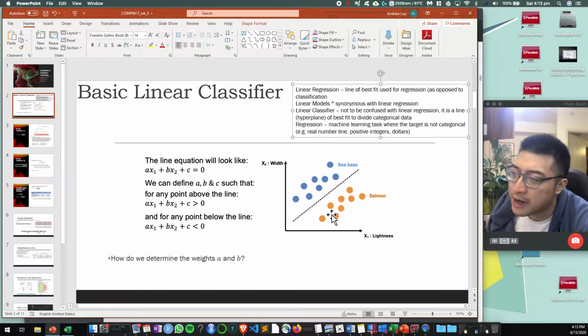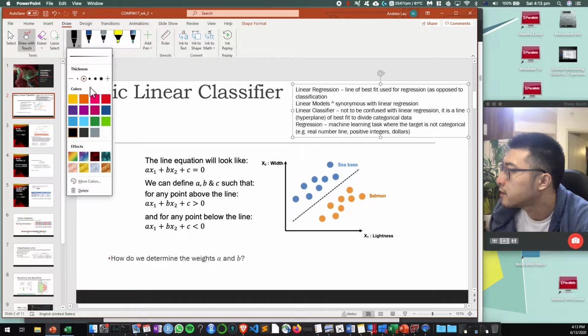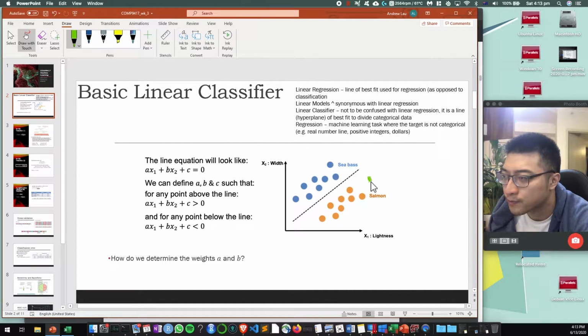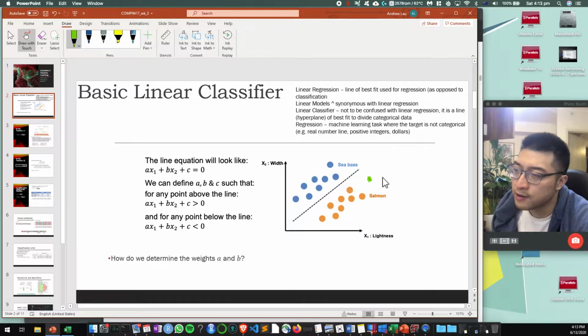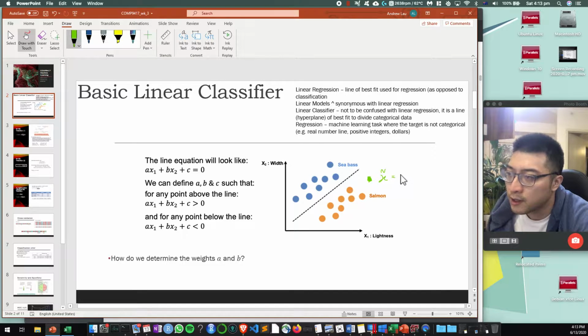So you can imagine, if you wanted to create an algorithm, say there's a new data point and it's unknown. I'm going to make it green. You don't know what it is. This is a new data point, and it's got certain features. It could be the lightness. How do you measure lightness? I want to say something to do with luminosity, lumens, but I don't think that's quite right.